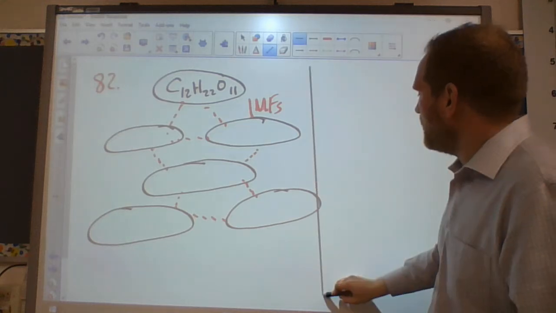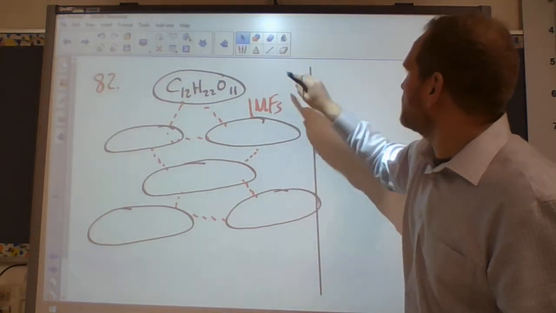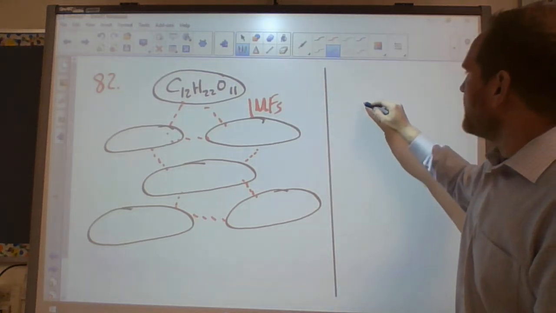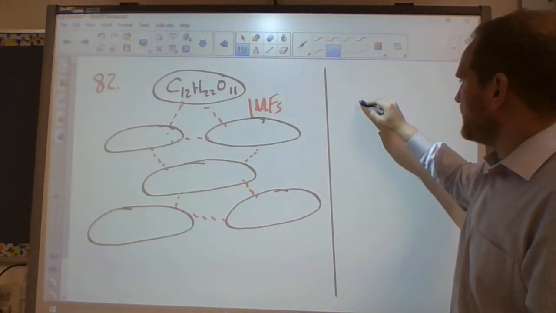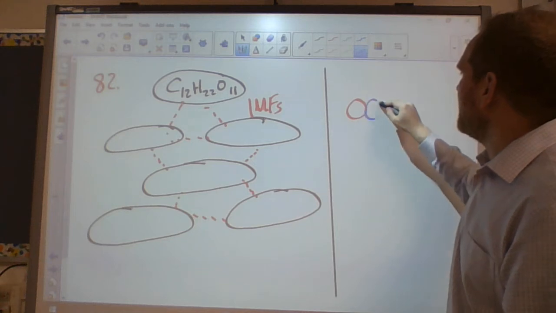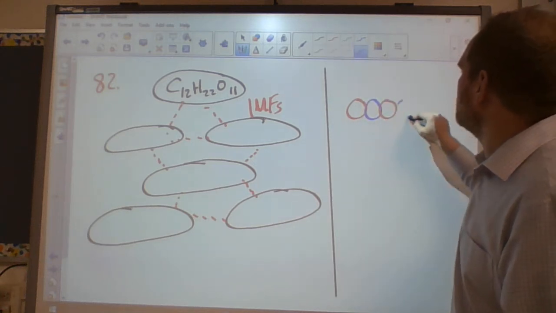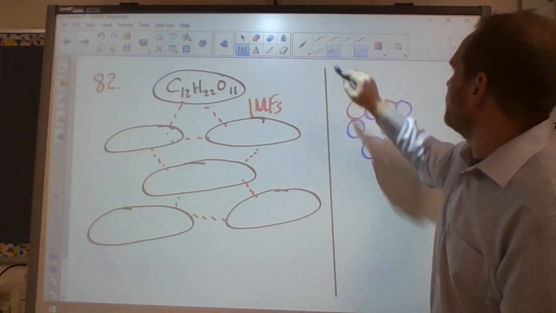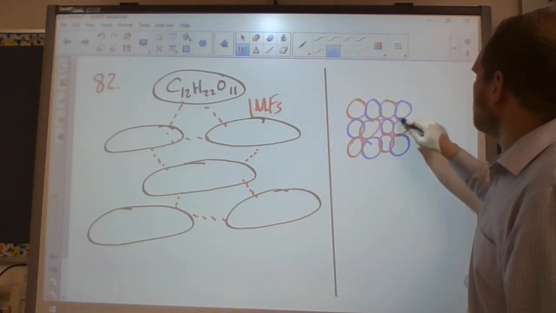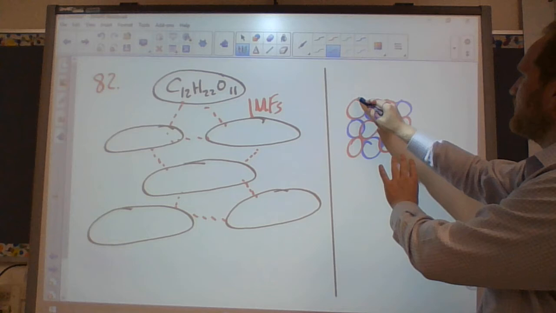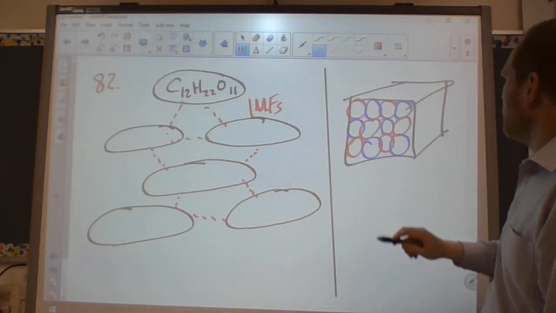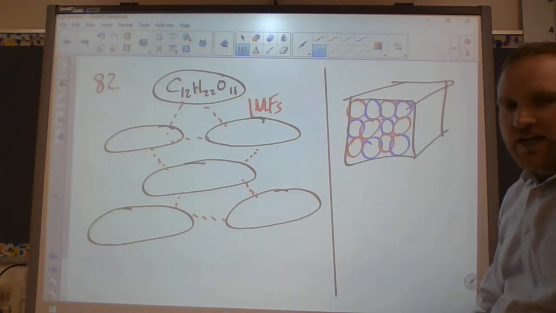Compare that to NaCl. When you have NaCl, you have Na plus and Cl minus ions. So it's like NaCl, NaCl, and this repeats in all these dimensions. Okay? It's not just this, it's 3-dimensional as well. It's this entire cubic structure over and over and over again of NaCl.